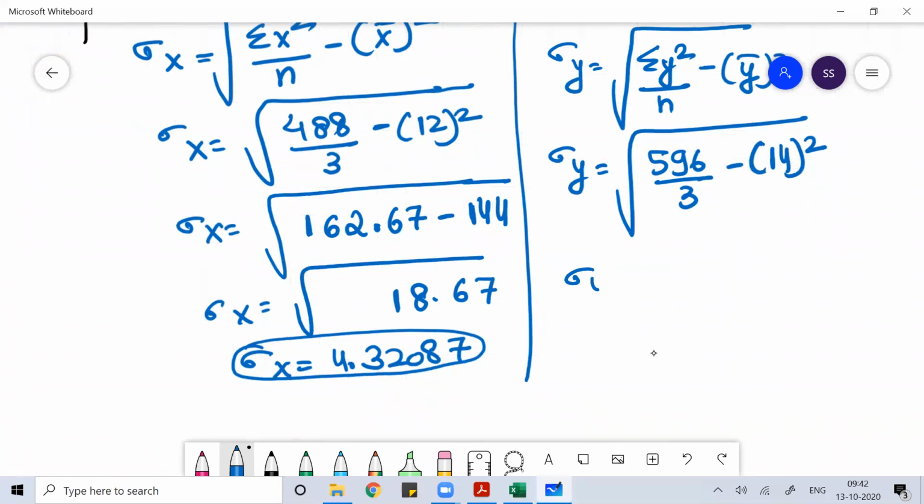So standard deviation on y is how much? This is the square root of 596 divided by 3 minus 196.